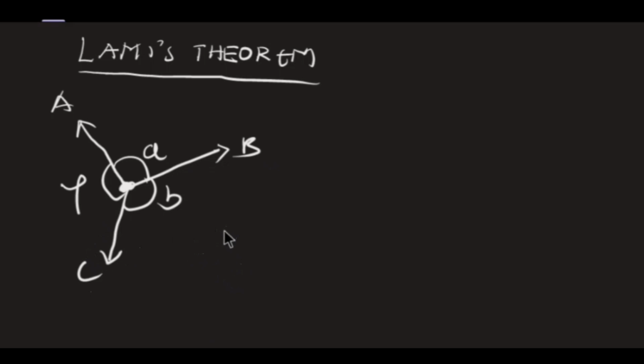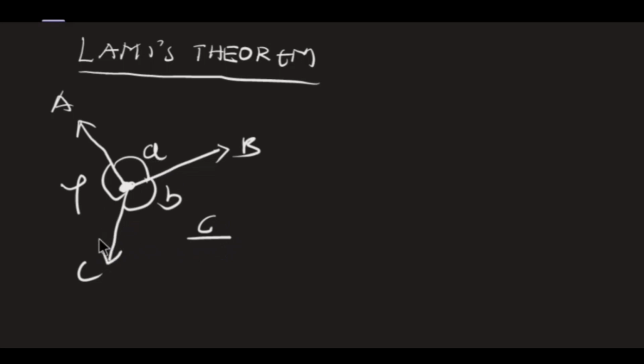What Lami is saying is that when you take any of these forces pointing away, so let's say you take C, then C over the sine of the opposite angle.